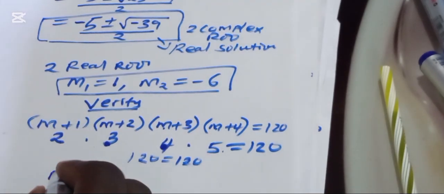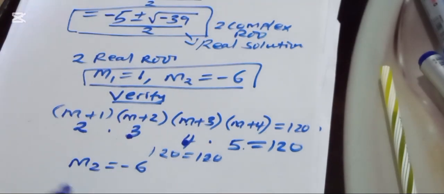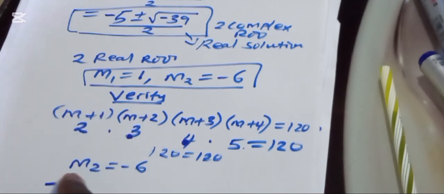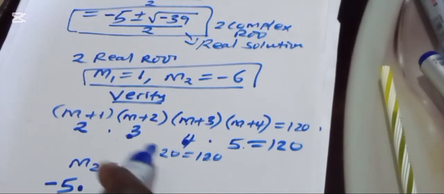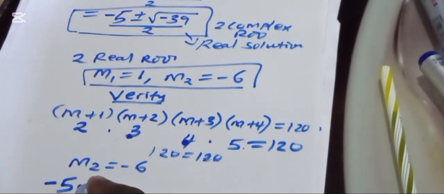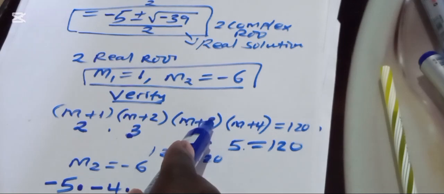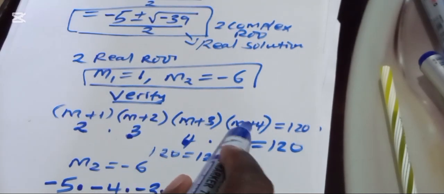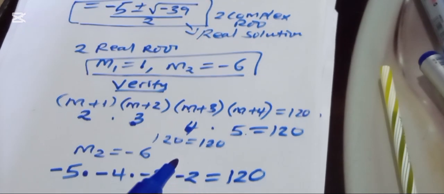So m1 equal to 1 satisfies the equation. Let's check m2, which is equal to negative 6. Substituting the same thing, we will have negative 6 plus 1, which is negative 5, negative 6 plus 2, negative 4, negative 6 plus 3, negative 3, and negative 6 plus 4, negative 2. Let's check if this will give us 120.